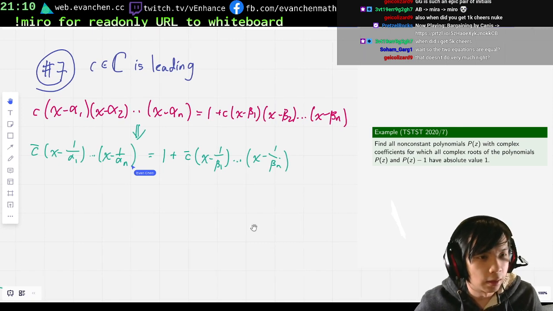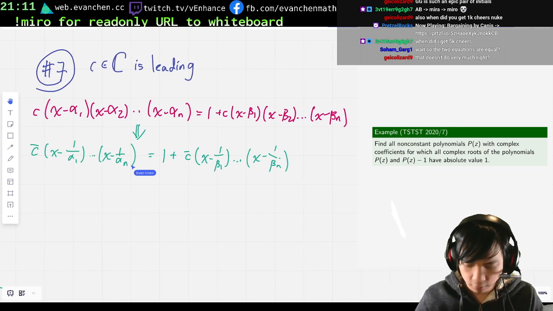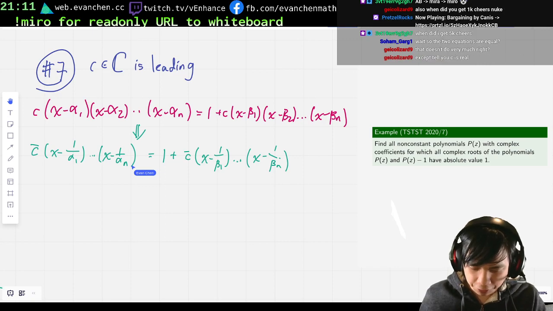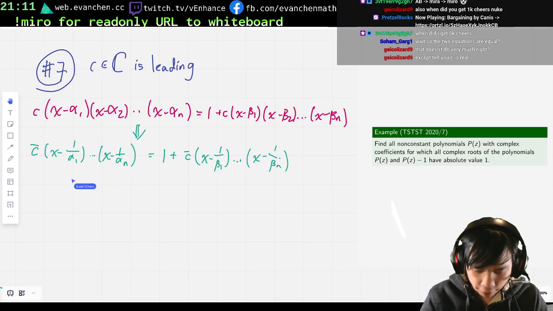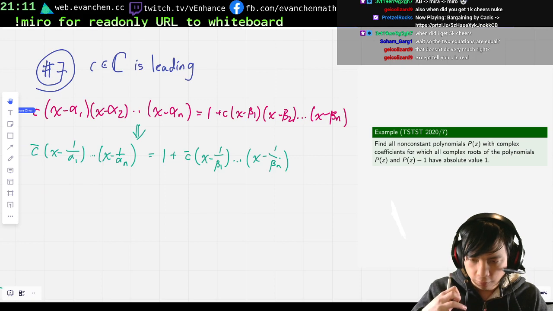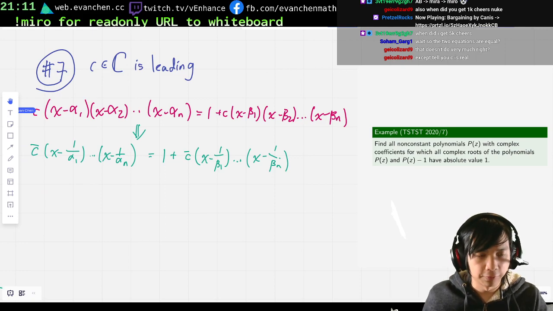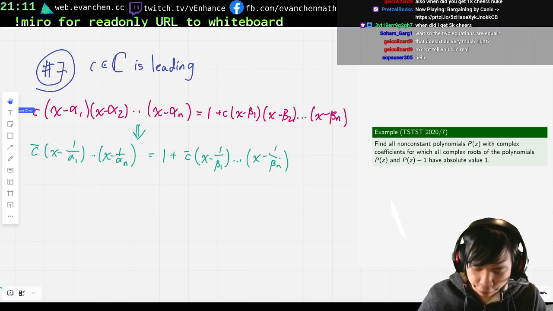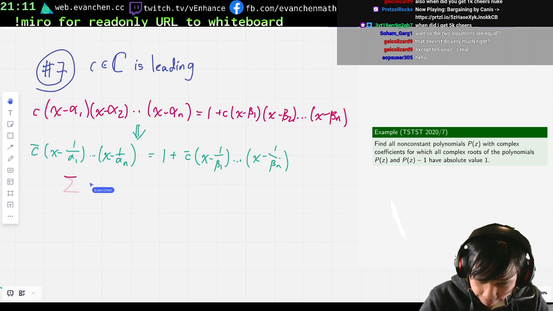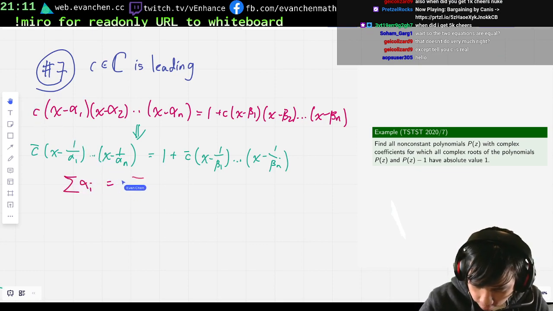Okay, but here, let me show you something. If I look at the first coefficient of the top equation, the x to the n minus 1 coefficient, it says the sum of alpha i equals the sum of beta i.